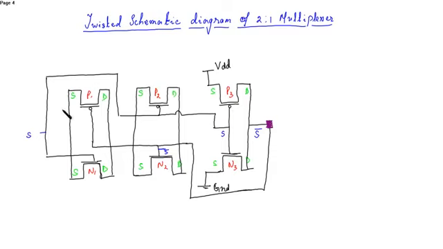Now the only thing left is connecting the drains in order to obtain the output and giving the inputs. So this is I0 and this is I1. Now the drains have to be connected.